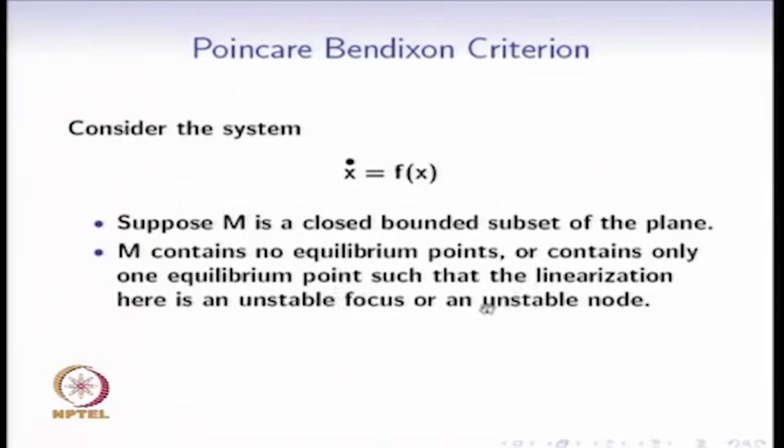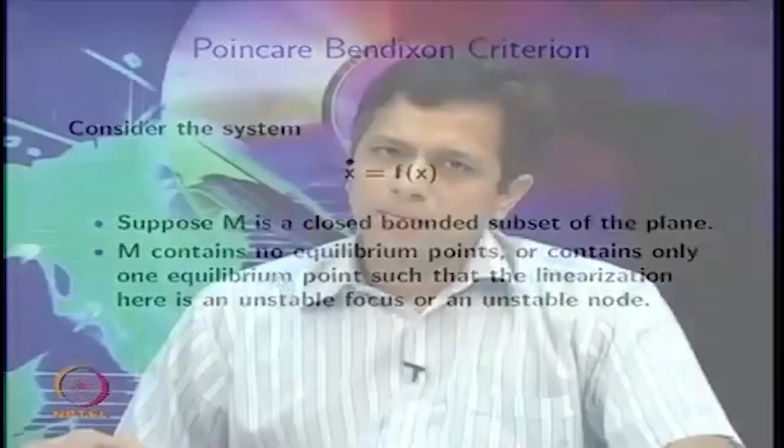In other words, both the eigenvalues of the matrix A, which we get by linearizing at this equilibrium point, are unstable. Both the eigenvalues are in the open right half complex plane. So, suppose M has this property. Further, suppose M is also positively invariant.